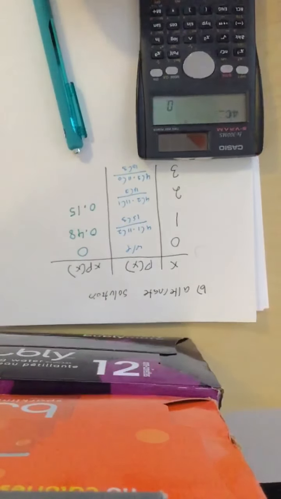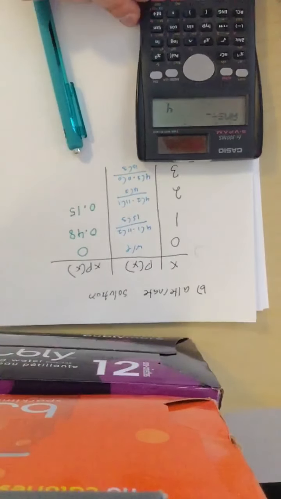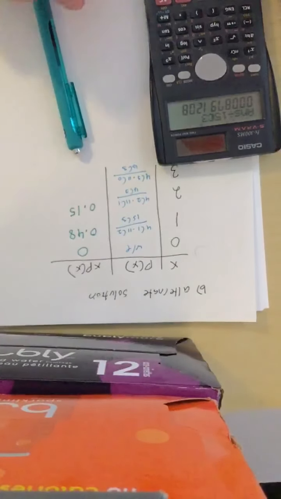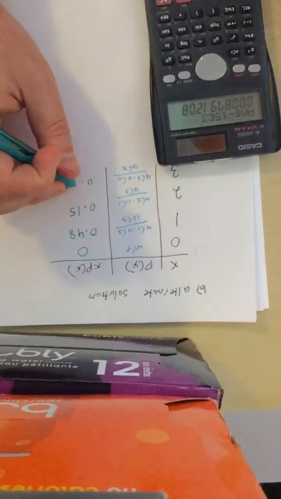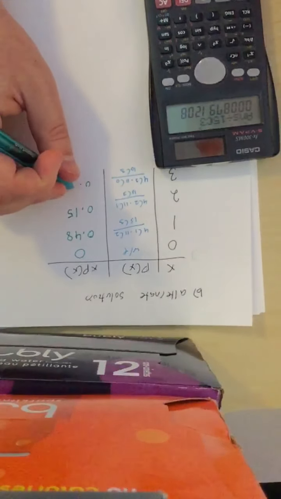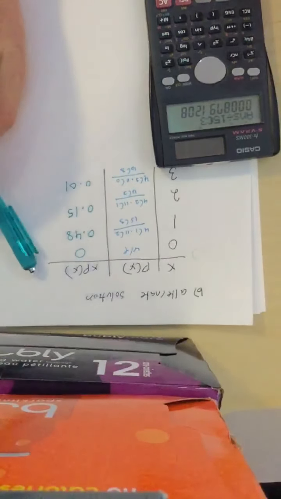And then 4 choose 3 times 11 choose 0, divided by 15 choose 3. And then 0.01. Well, that's not going to work.